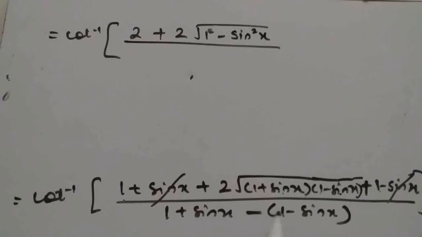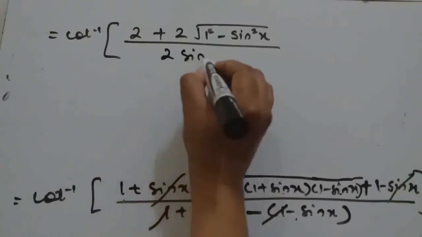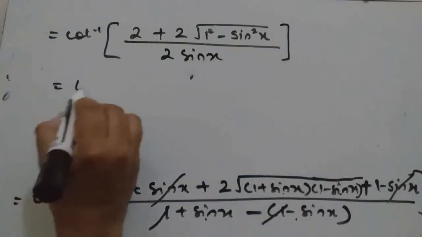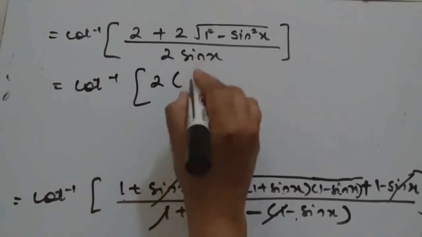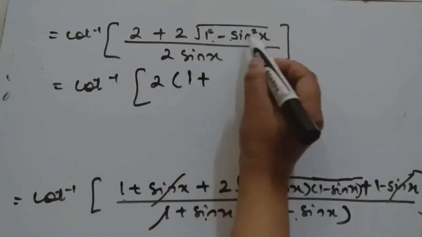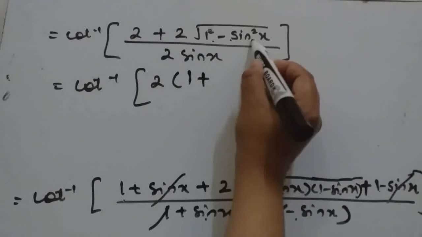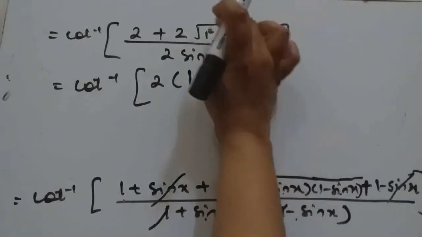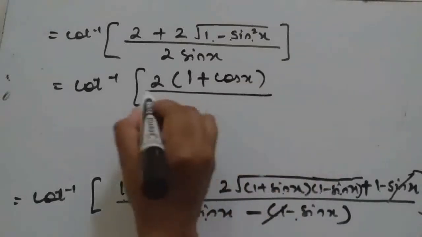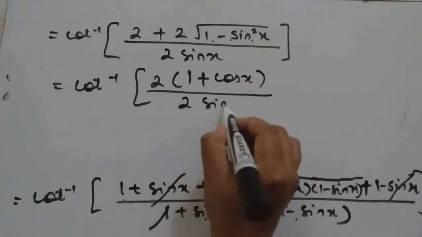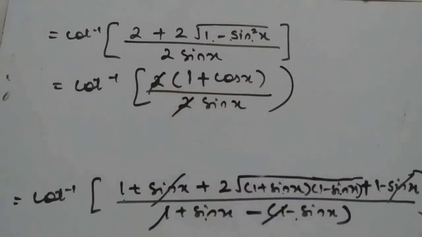Divide by, here see, 1 minus 1 will go, sine x plus sine x means 2 sine x. 2 we can take common here. 1 plus, see, 1 minus sine square x is cos square x, and without the square root it will be cos x, over 2 sine x.